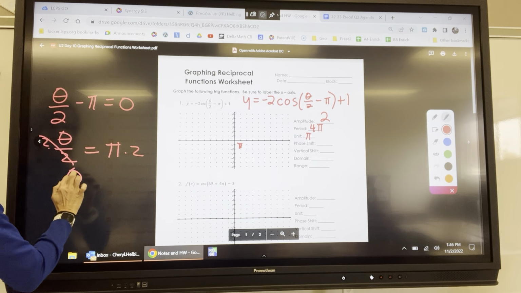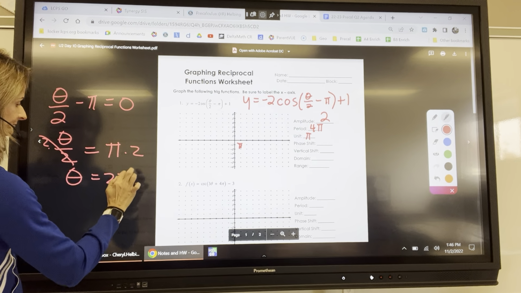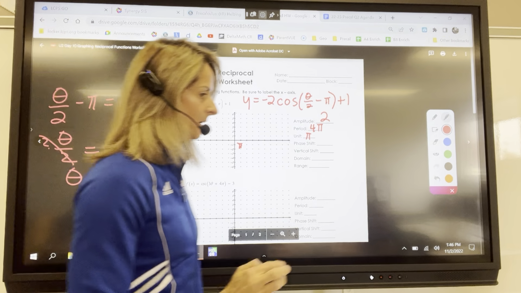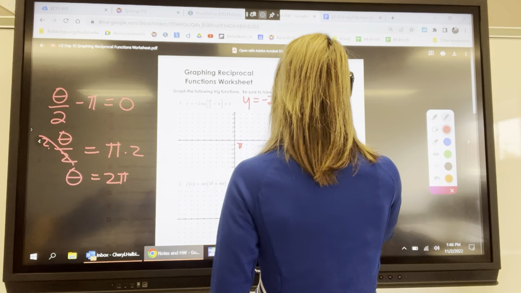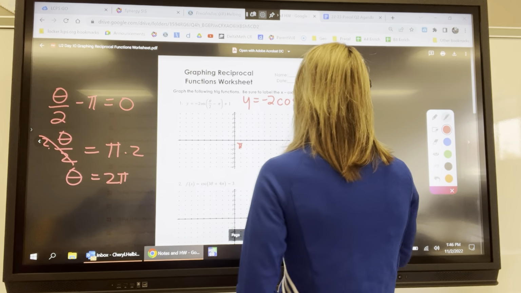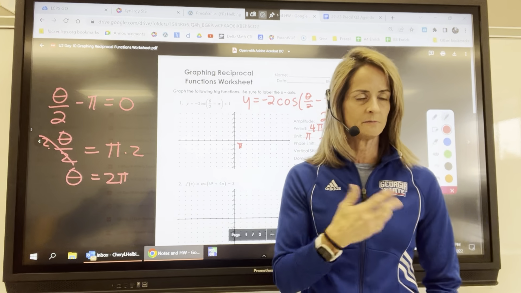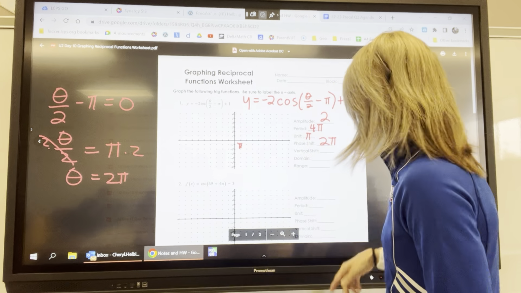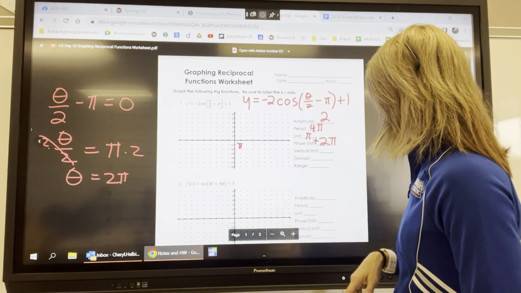Either way, you're going to get theta is 2 pi. And that's positive. So we have a phase shift of 2 pi. Since I'm not putting a plus in front of it, that just assumes it's positive, but you can write plus in front of it if you'd like, okay?